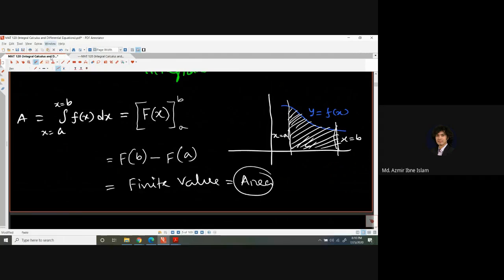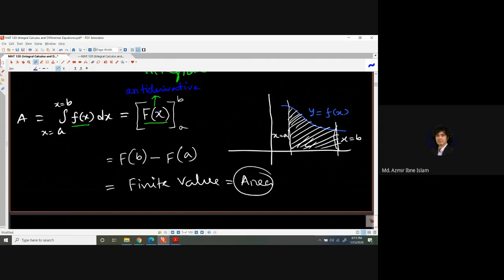Here you can see that I have written the function capital F of x, and here a small f of x. This capital F has a specific name: it is called the antiderivative. Both pronunciations are correct.